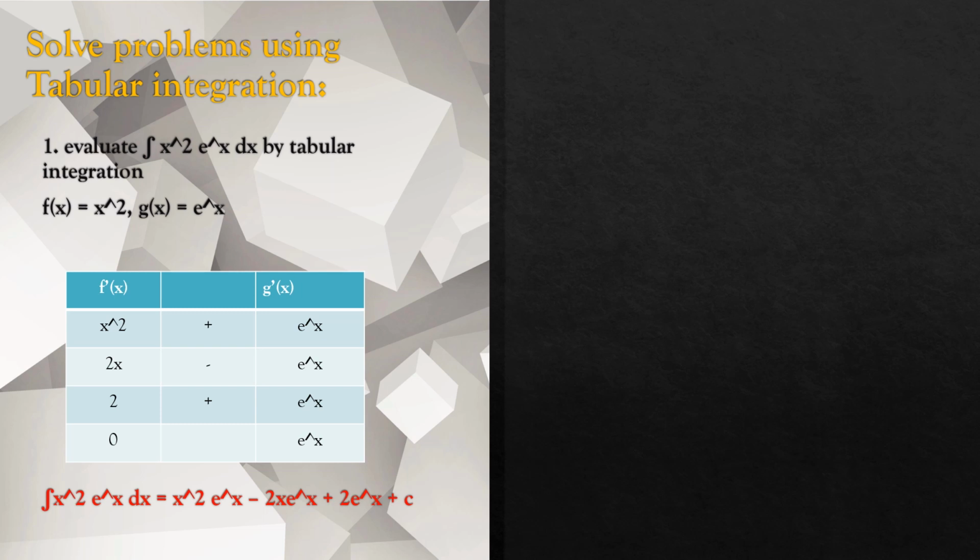Then negative 2x times e raised to x is negative 2x e raised to x. Then positive 2 times e raised to x is positive 2e raised to x plus c.